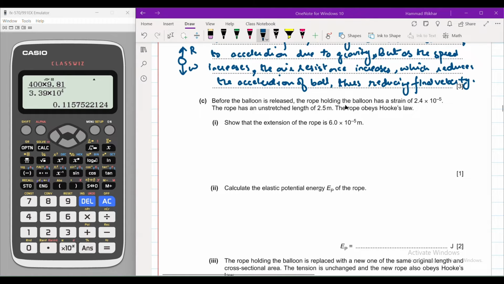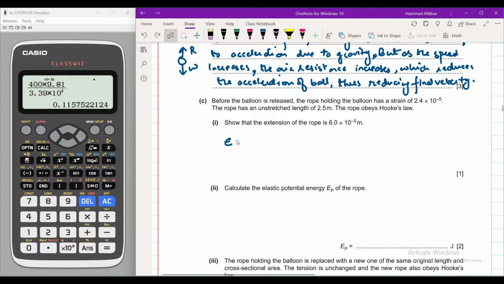Before the balloon is released, the rope holding the balloon has a strain of 2.4 times 10 to the minus 5. The rope has an unstretched length of 2.5. The rope obeys Hooke's law. Show that the extension is 6 times 10 to the minus 5 meters.